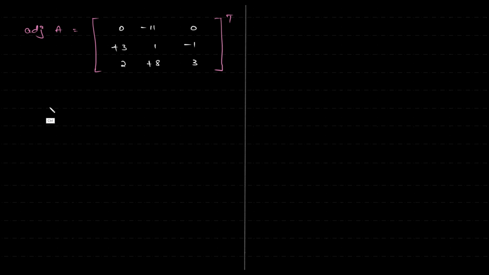Okay, and so we have the final answer to be 0, 3 and 2, minus 11, 1 and 8, 0, minus 1 and 3. Okay, so that would be your matrix, right?